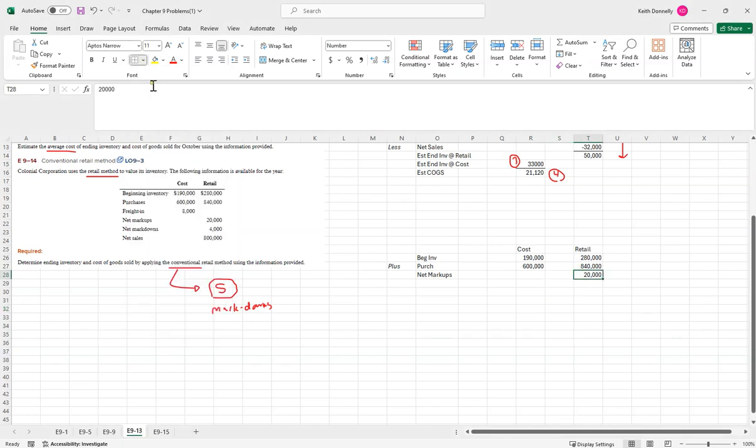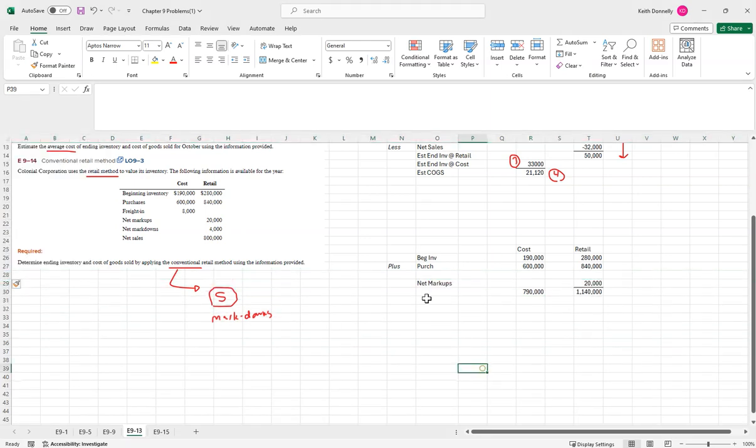So the stop sign here is going to be the 280 plus the 840 plus the 20, and we're looking at 1,140. If we were to sum the cost, we're looking at 790 there. But I've got to add something to this.